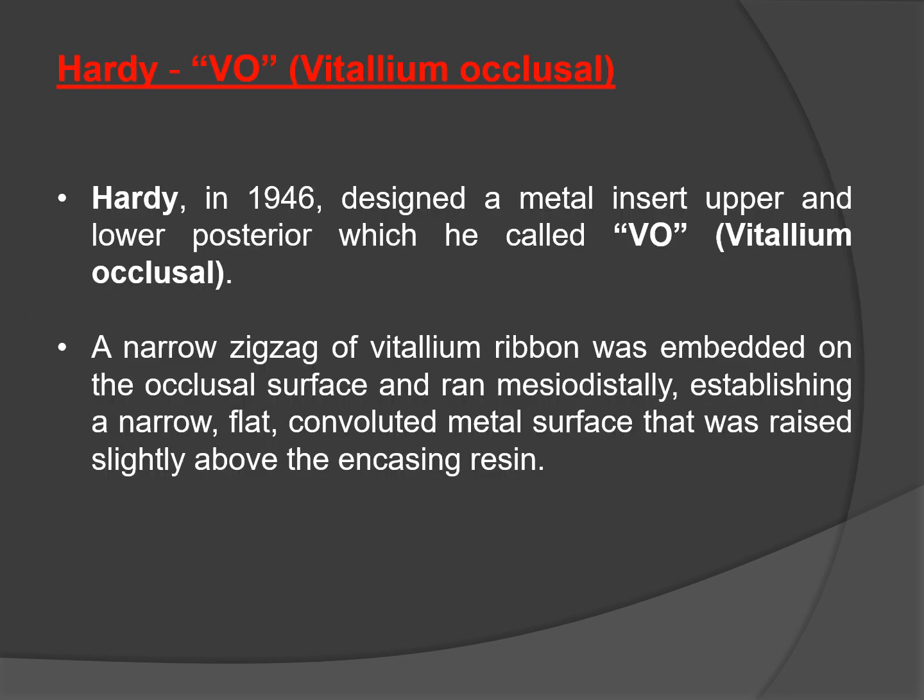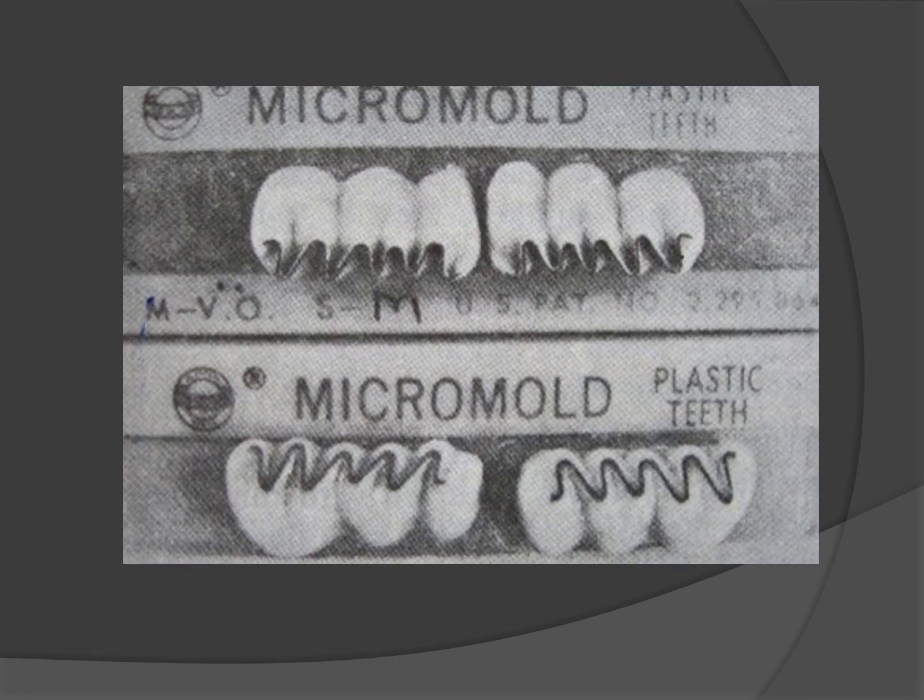This particular question comes as a short note for you, so be specific, or you can answer this as a short note. These are called Hardy's Vitalium occlusal teeth. You can see that in the posteriors, though the posterior teeth were flat, there was an insert. These are called Vitalium inserts or cobalt chromium inserts, which are placed on the occlusal surfaces of the teeth.